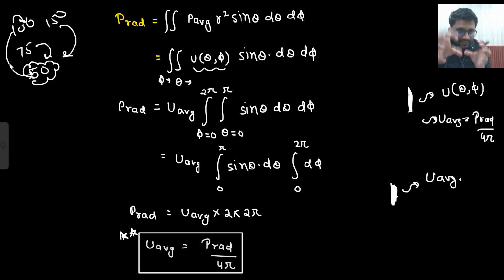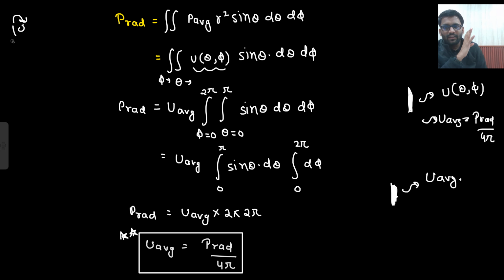In the same manner, the isotropic antenna is our base. We have assumed that the radiation intensity of the isotropic antenna we will take as a base, and that is equal to P radiated upon 4 pi. So you don't need to think about all these things. If I ask you what is U average, you need to tell it is P radiated upon 4 pi.